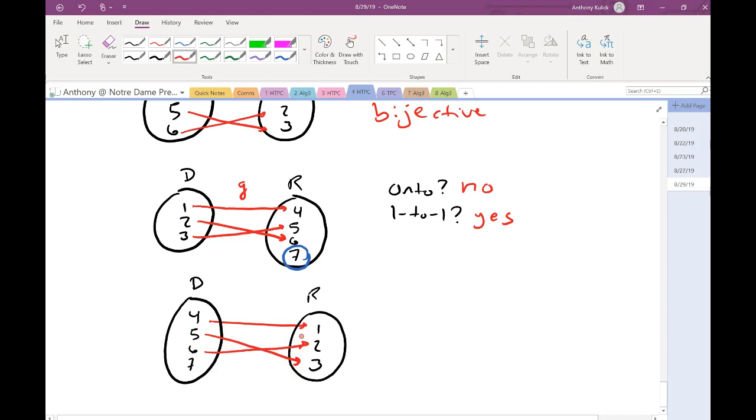Is this a function? What do you think? It's not. The issue is not everything in the domain is used.